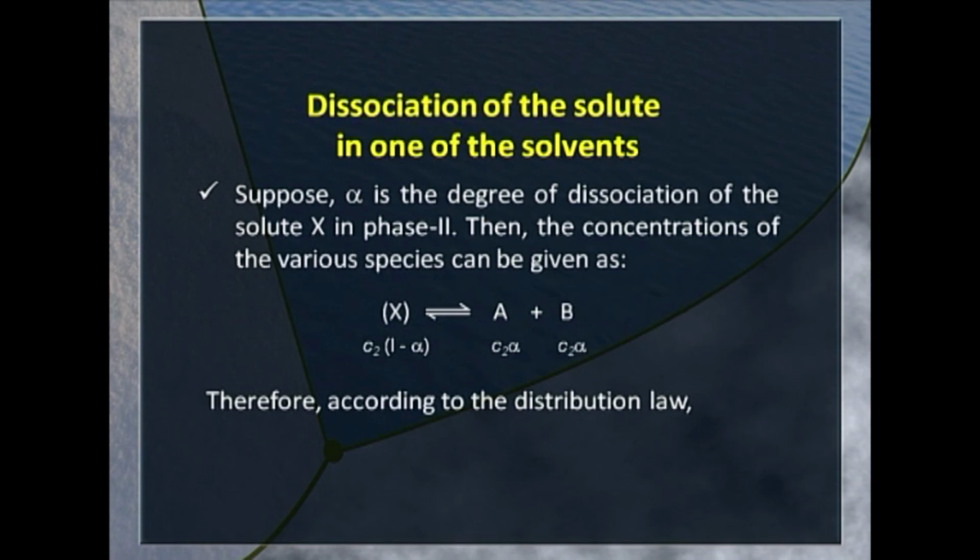Therefore, according to the distribution law, where we consider the concentration of only the undissociated molecules, C1 upon C2 into 1 minus alpha is equal to Kd. It is not just C1 upon C2, it is now C1 upon C2 into 1 minus alpha that will give us the constant value, that is the distribution coefficient.